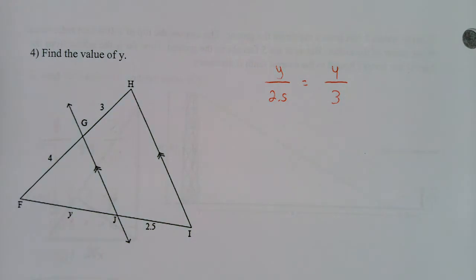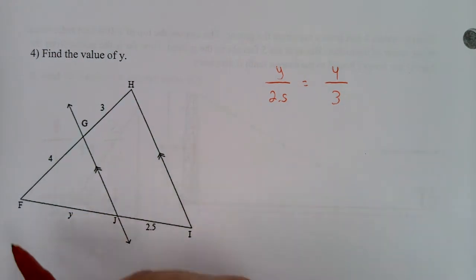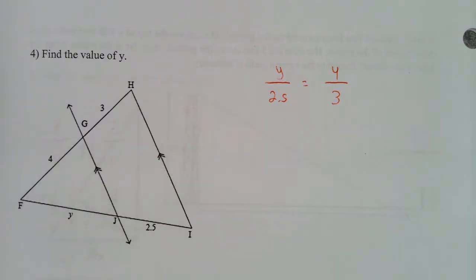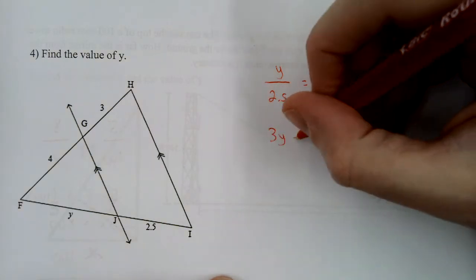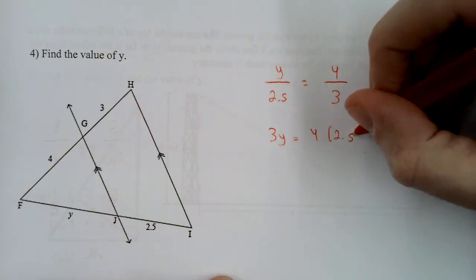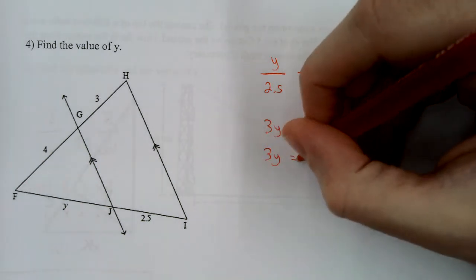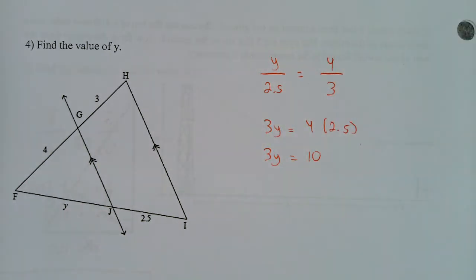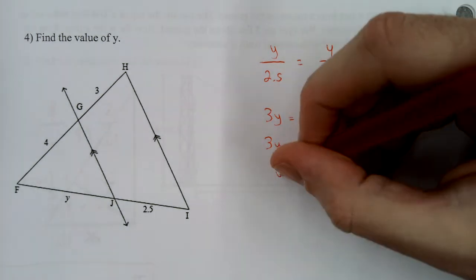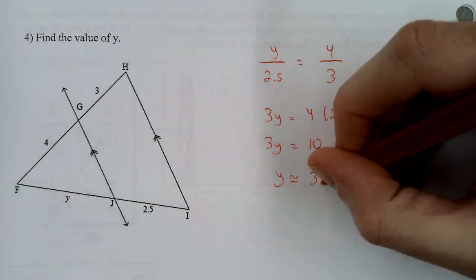The other way you could do it is y over y plus 2.5 equals 4 over 7. This way is easier. So 3 times y equals 4 times 2.5, which is going to be 3y equals 10. It does not say where to round, so I'll just do y is approximately 3.3.